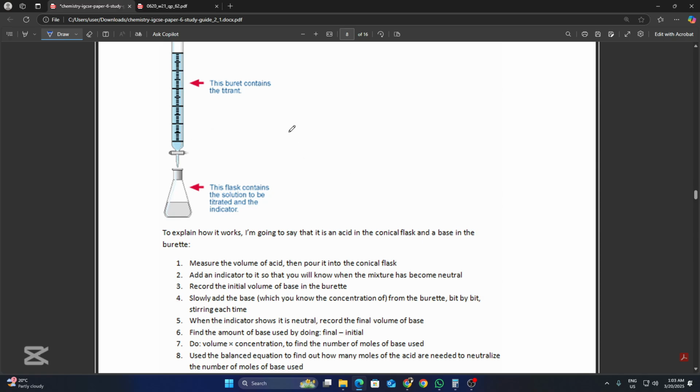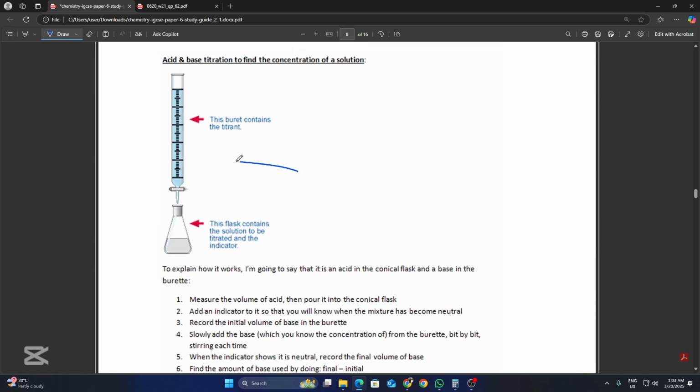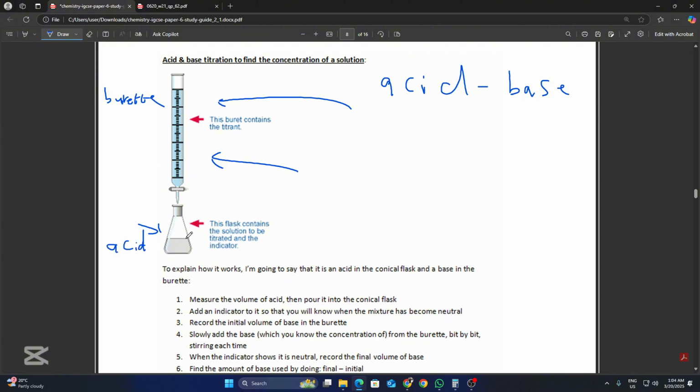Titration is basically where you use a burette and a beaker or a conical flask. We usually call it acid-base titration. Either the acid or the base will be in the burette, and the acid will be in the flask, or this can also be a beaker.